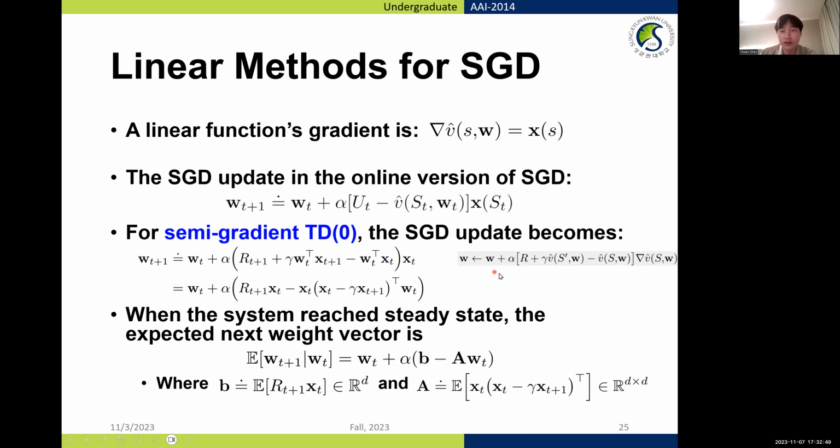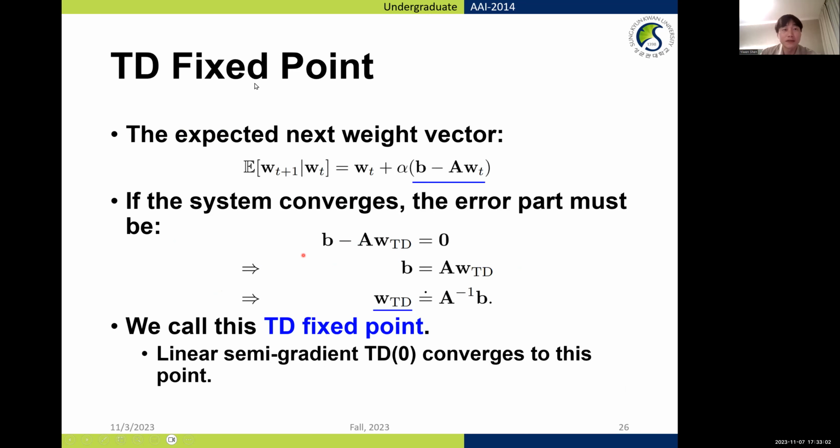If it's TD0, then it becomes this. We can just put the information here. You will see the details and rearrange the order. So this is for calculating the TD fixed point. Eventually, we can analytically calculate the convergent point.